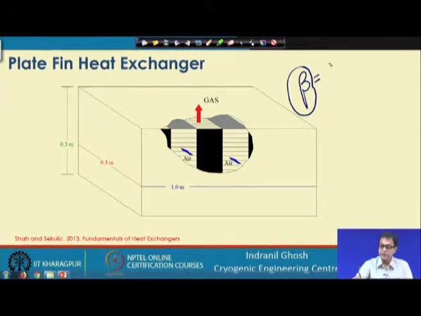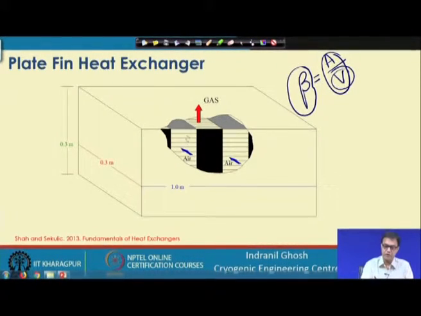Basically, this beta, in the very first class we talked about, is nothing but the heat transfer area per unit volume, and we will now calculate the volume between the plates for each fluid stream.